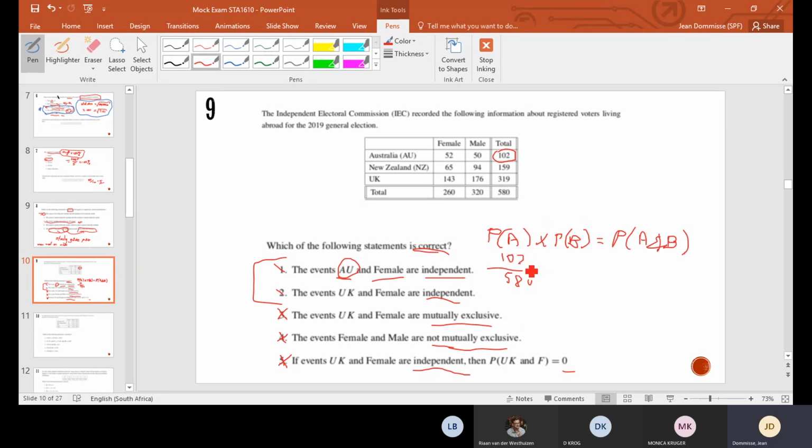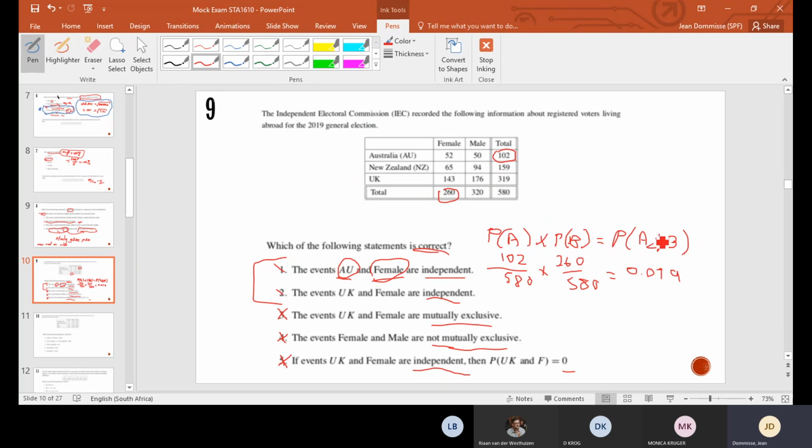So 102 divided by 580, times the probability of being female, and female is 260 divided by 580. If you multiply that out, you get an answer of 0.079.